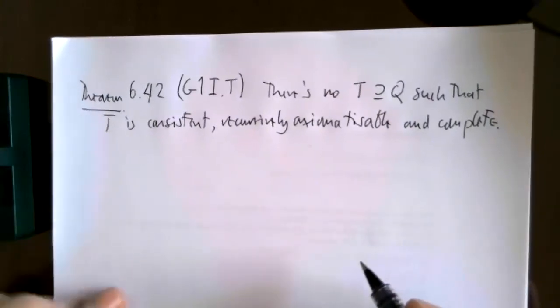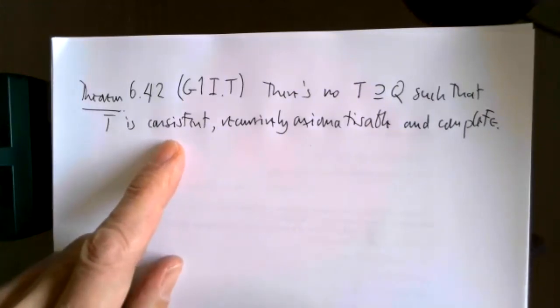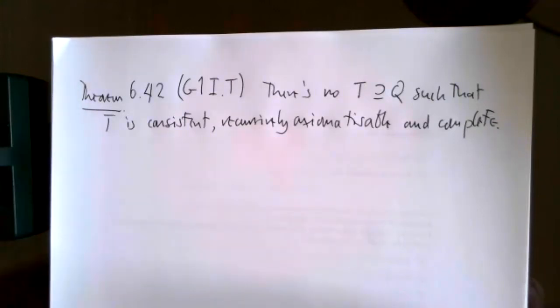So, of course, we're interested in consistent sets of axioms. Inconsistent sets of axioms are of no interest to us. And recursively axiomatizable, we've just discussed here.